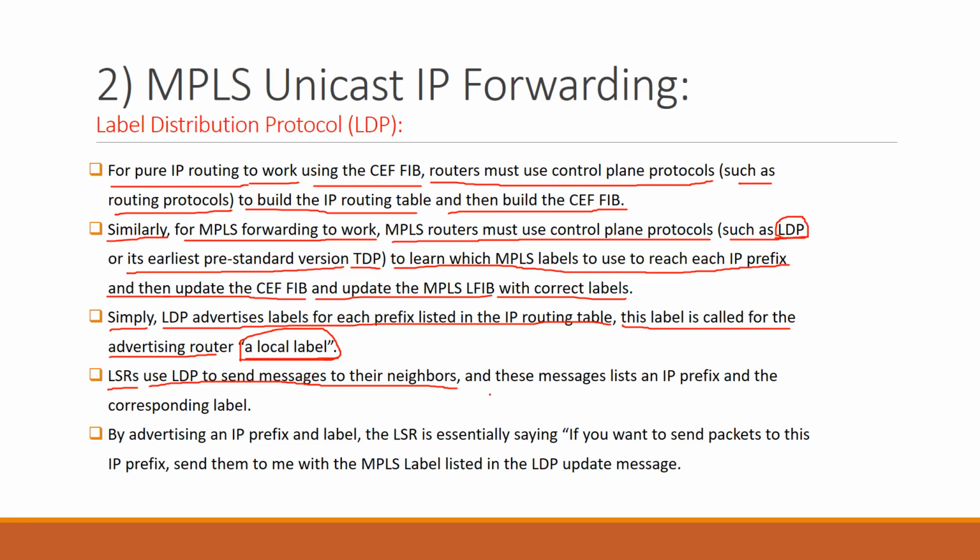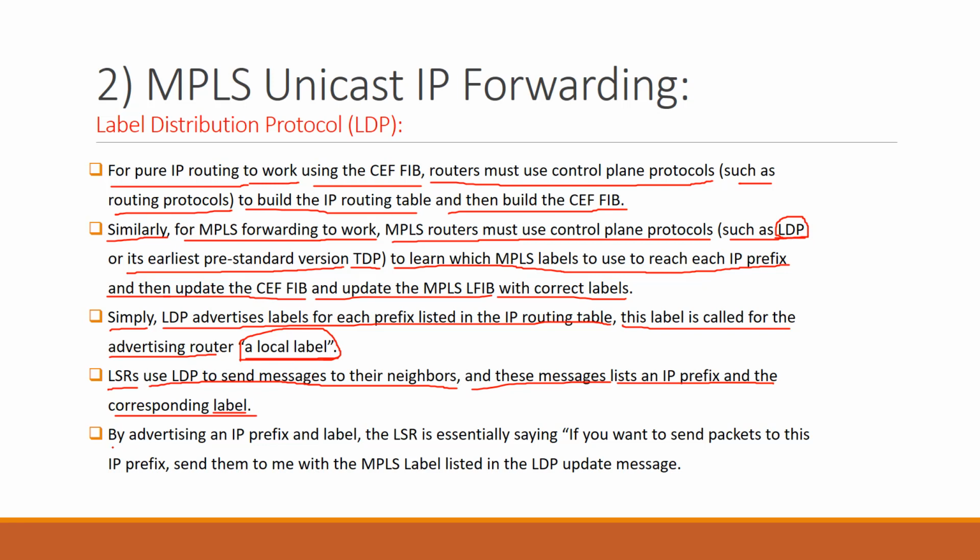So there is a new kind of neighborship that exists in MPLS that LDP uses, called LDP neighbors. And these messages list an IP prefix and the corresponding label. So once the MPLS router assigns a local label for the learned IP prefix, it will send a message to all the LDP neighbors, and this message lists the IP prefix and the corresponding label, which is the local label used by the advertising router.